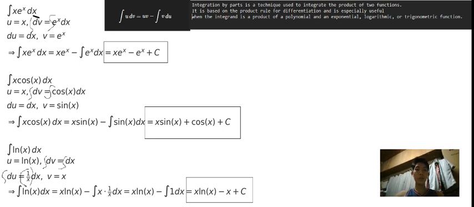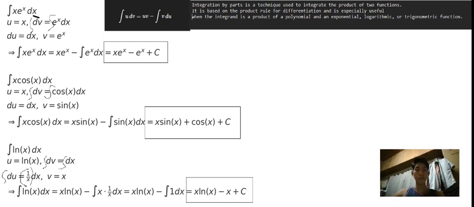So let's start with the formula: the integral of u dv is equal to uv minus the integral of v du. As you can see in the video, the integral of x e to the power of x dx is equal to x e to the power of x minus the integral of e to the power of x dx. You're going to wonder, how did we come up with that?